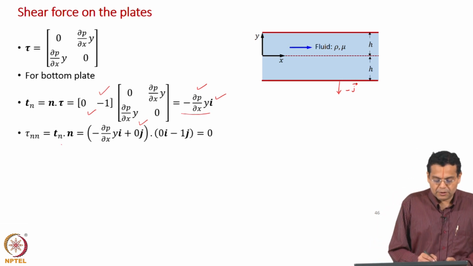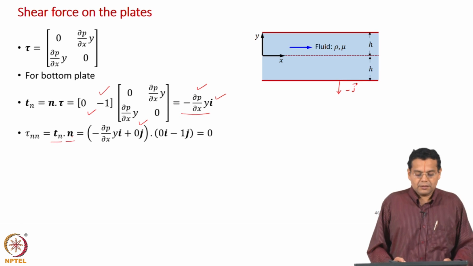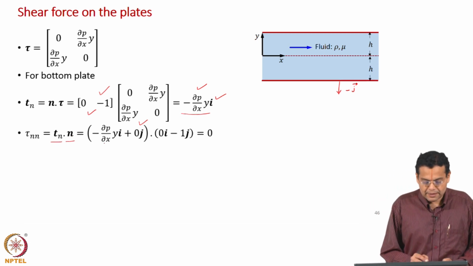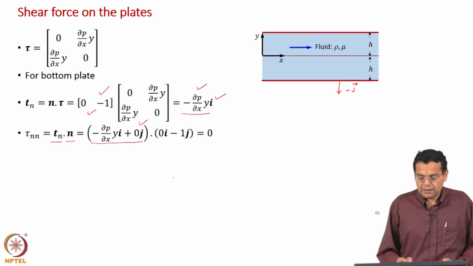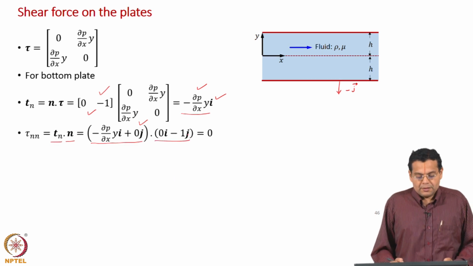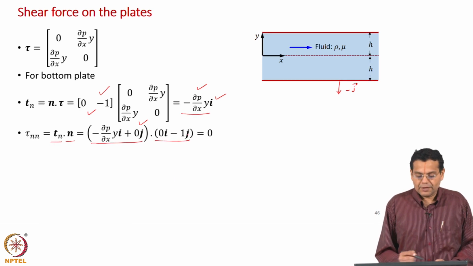So take a dot product of the stress vector with the normal vector. If you take a dot product, you get a 0.